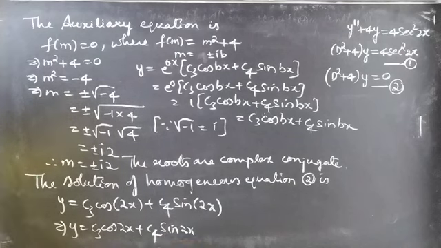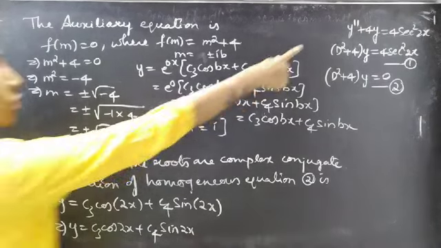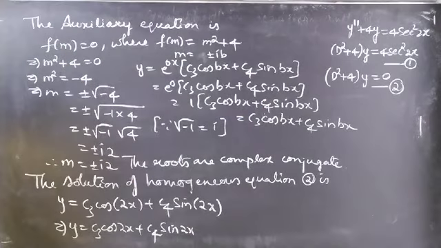This is the solution of equation 2. Now just replace the parameters c3 and c4 with functions of x, a and b, which will be the solution of the given equation, or equation 1. Okay, let's see that.